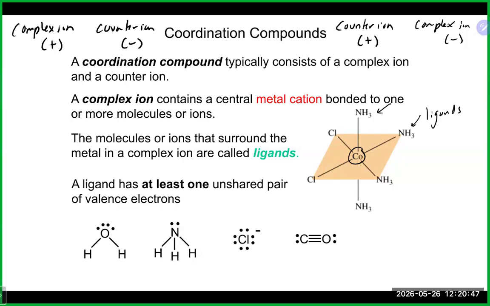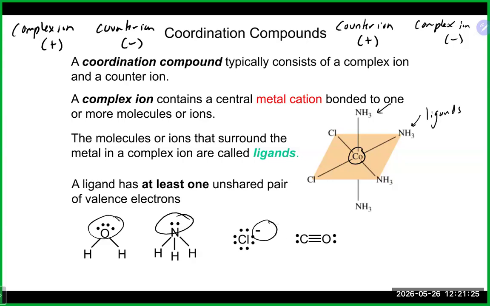Now, as we also talked about, the ligands that are attached to the complex ion part are referred to as Lewis bases, which are things that can donate a pair of electrons. Things that are typically really good Lewis bases and donate electrons are things that are polar, that have some non-bonding electrons on an electronegative atom like nitrogen or oxygen, which is what we see here.